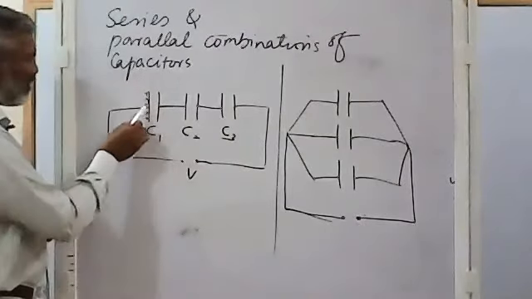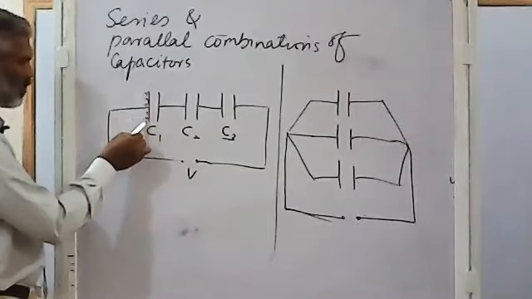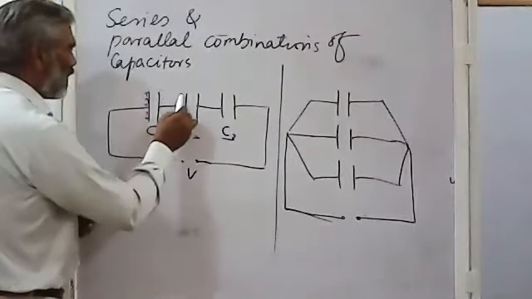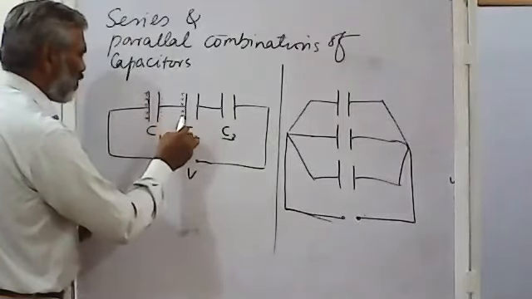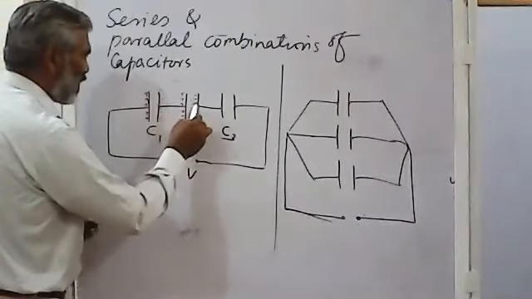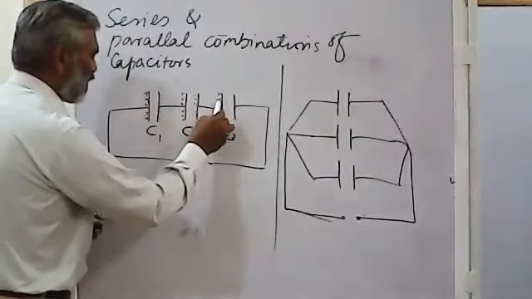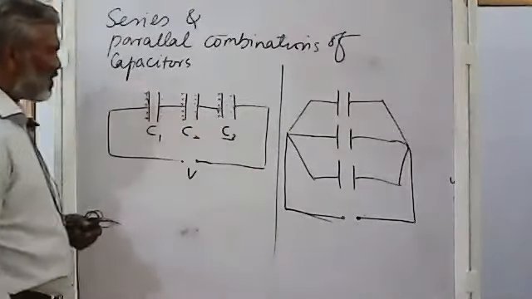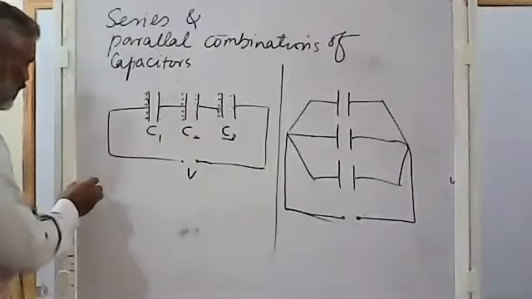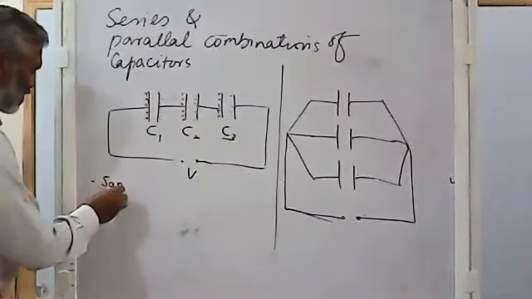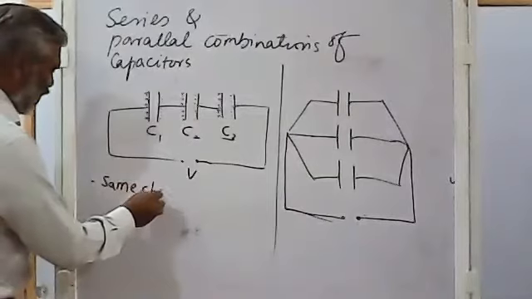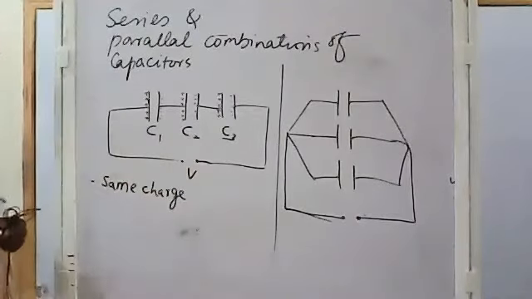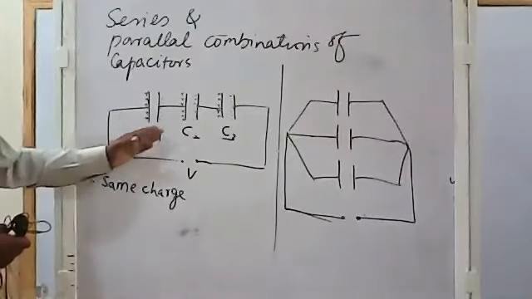So if you have positive charge Q stored here, a negative charge Q will be induced here, then the same charge of positive sign will be induced here, the same negative, the same positive, the same negative. That means we have the same charge on all capacitors, even if the capacitance of each capacitor is different.